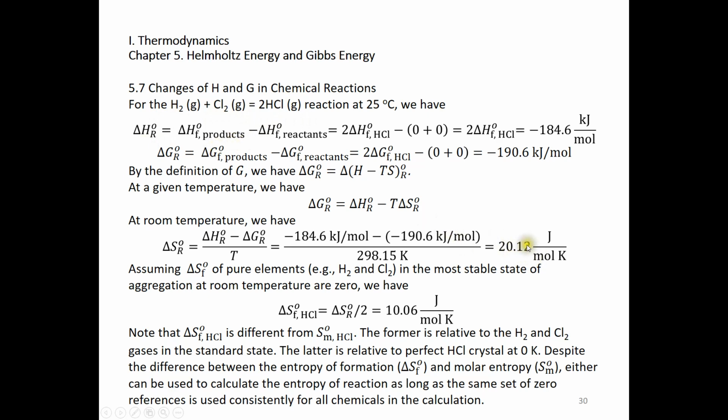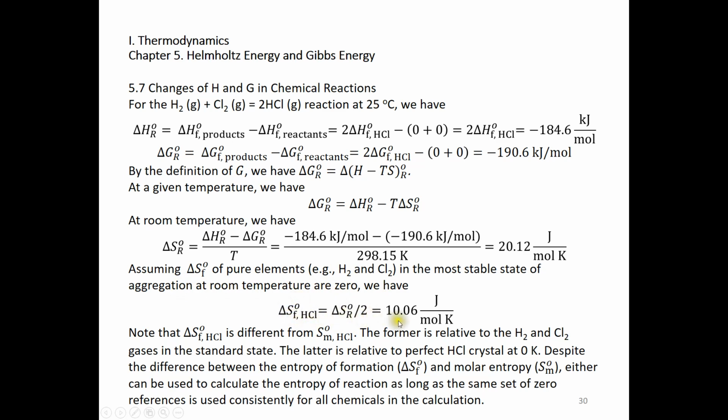This is a positive number, so that means at 25 degrees Celsius, the entropy increases. The entropy of 2 mole HCl is greater than the entropy of the H2 and CO2. Assuming the standard entropy of formation of pure elements in the most stable state of aggregation at room temperature are just 0, we have just obtained the value of the standard entropy of formation for HCl.